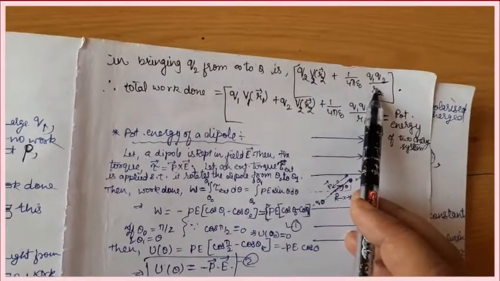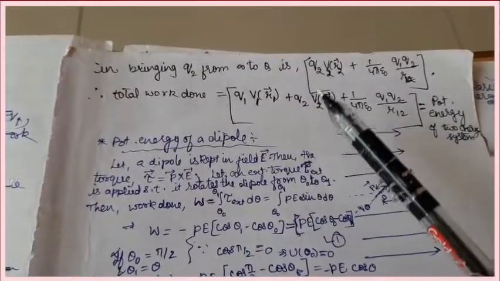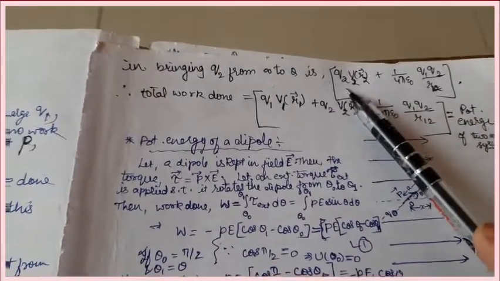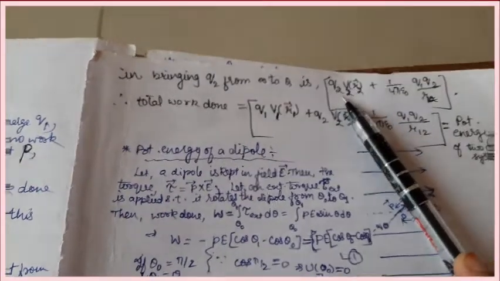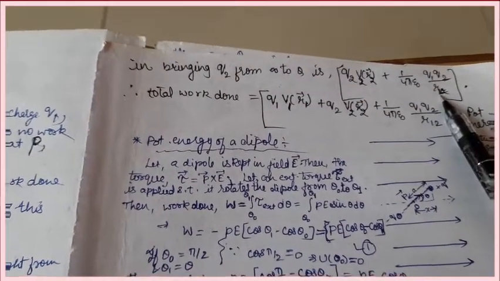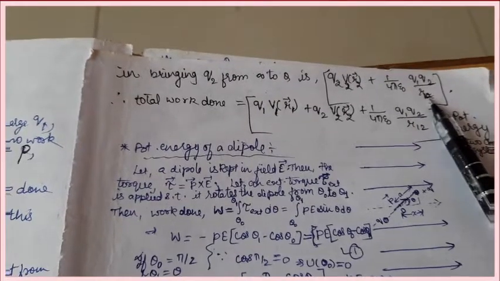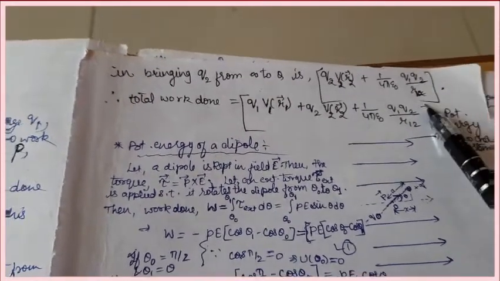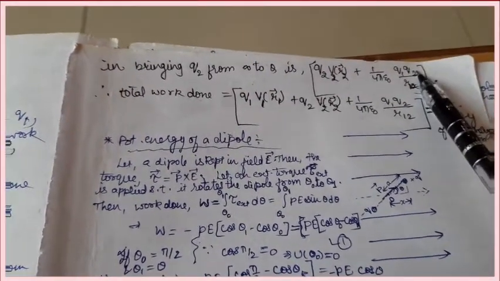So it will be the sum of work done due to both. It will be Q2 V2 for the potential V2, and 1/4 pi epsilon Q1 Q2 by R12 for the presence of charge Q1.